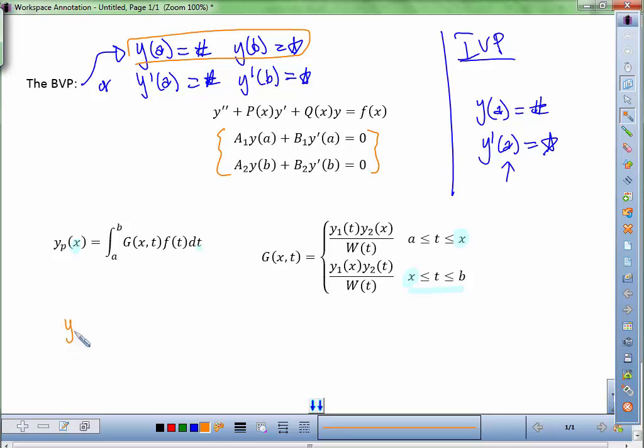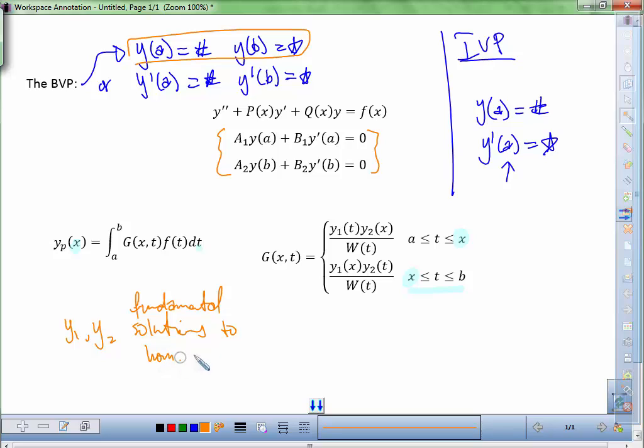If you remember, y1 and y2 are the fundamental solutions to the homogeneous differential equation. So the homogeneous differential equation has fundamental solutions that we've solved for before, and then we get the W, which is the Wronskian.